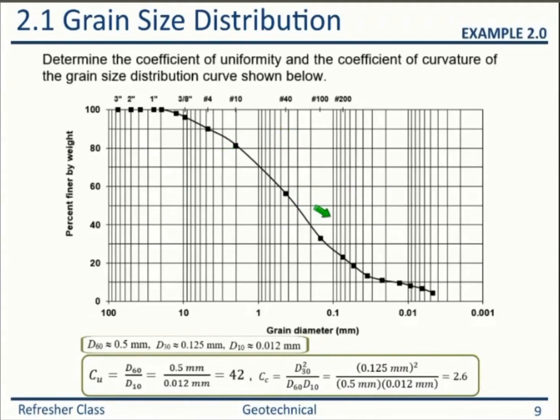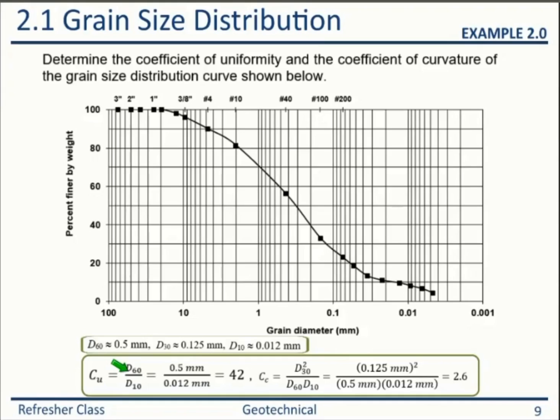Okay, so let's calculate for this soil because this is given to you. Calculate coefficient of uniformity and coefficient of curvature, or coefficient of gradation, C sub C. To calculate coefficient of uniformity as defined, you will need D60 and also D10.